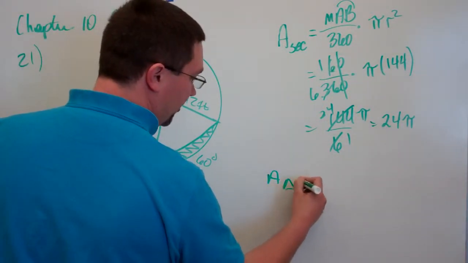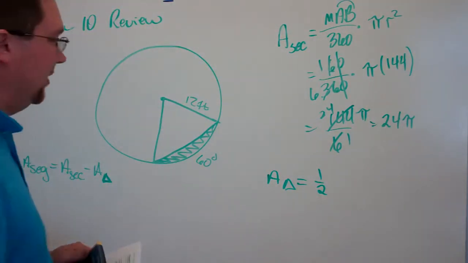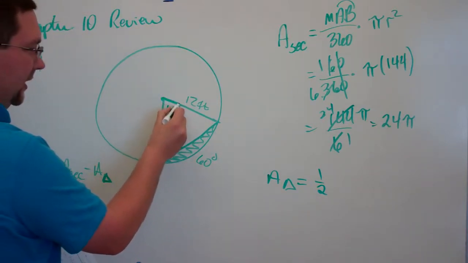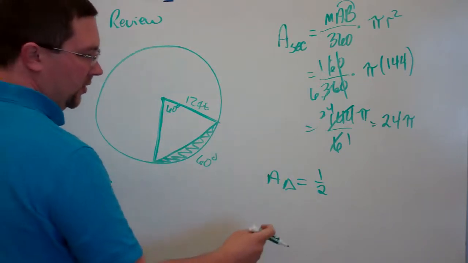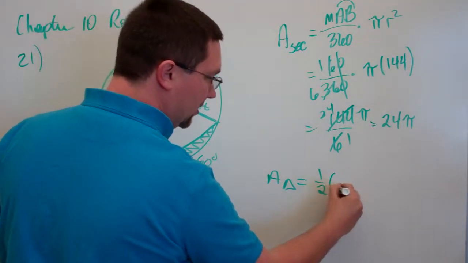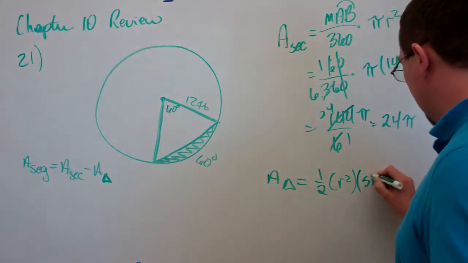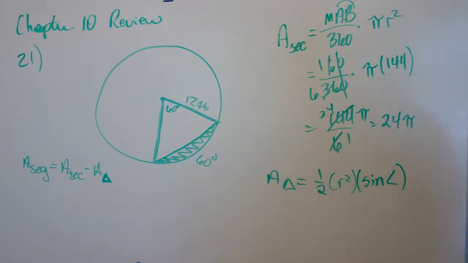Now, to find the area of the triangle, let's use that new formula, 1/2 the side times the side, because we know this angle is 60. Alright, now, this is a radius, right? Well, isn't this a radius too? So this is going to be 1/2 radius times radius, or radius squared, times the sine of your angle, which is from your arc.